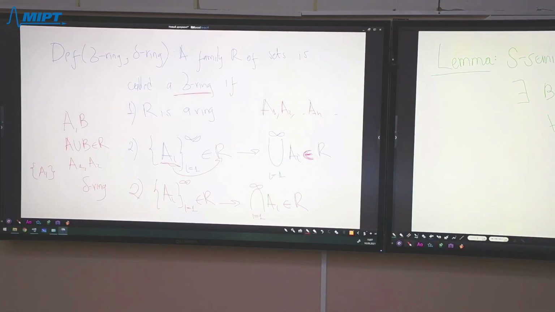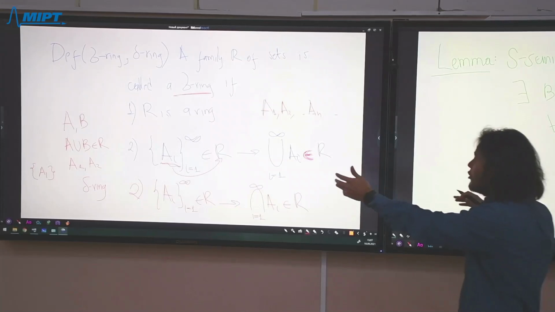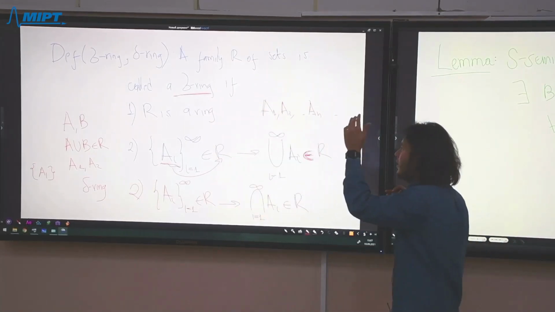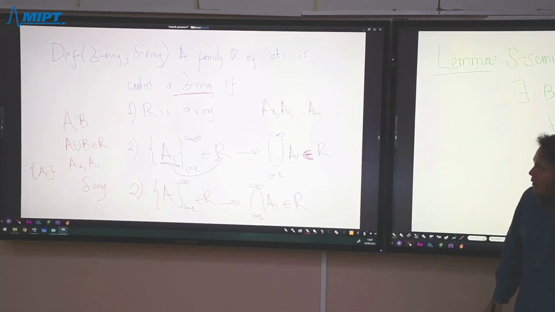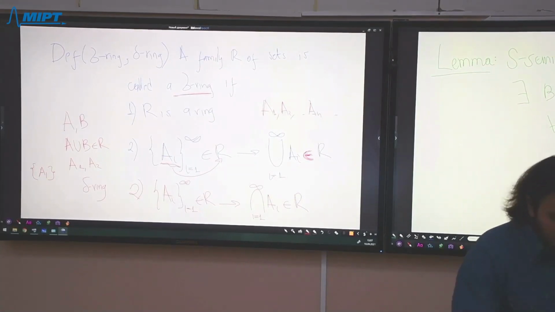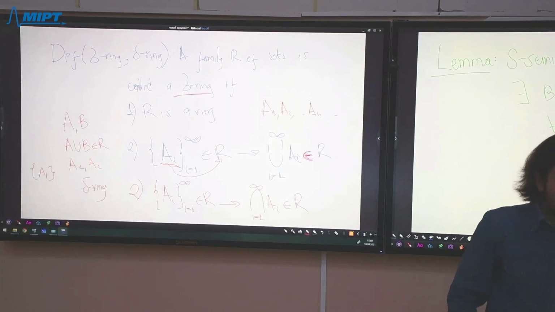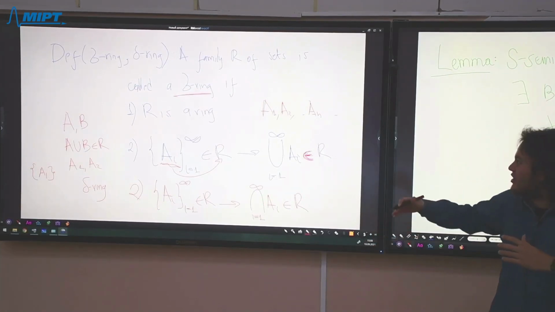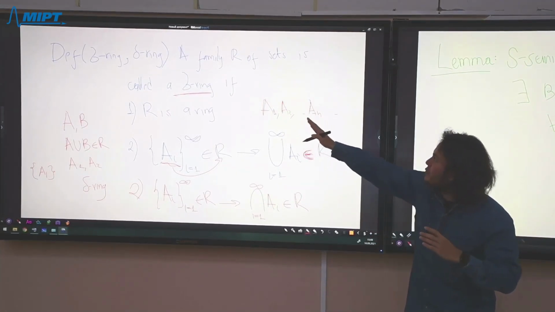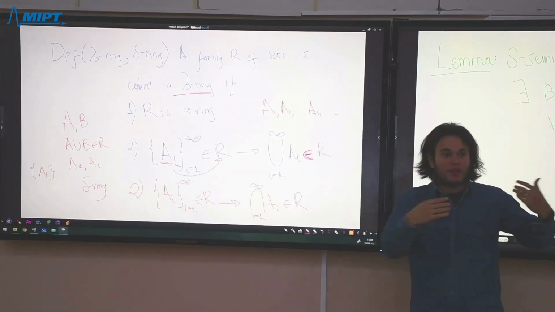So that's the definition of a sigma ring and a delta ring. Now, what do you think is a sigma algebra then? A sigma algebra is just this, but in the case when R has a universal set.